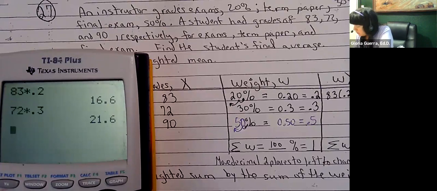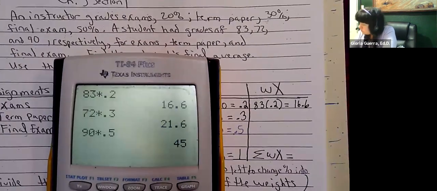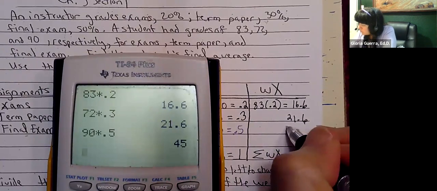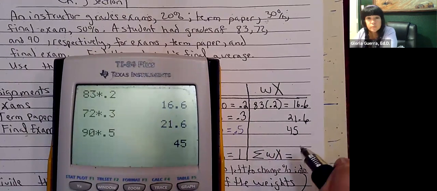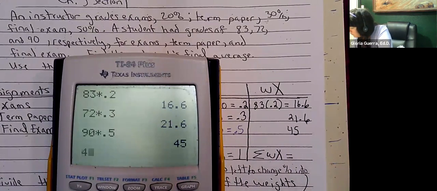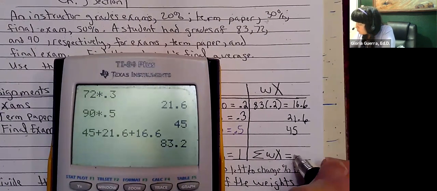And then 90 times 0.5, then write that down, okay? Okay, so then when I add those up, 45 plus 21.6, 16.6, that gives me 83.2.